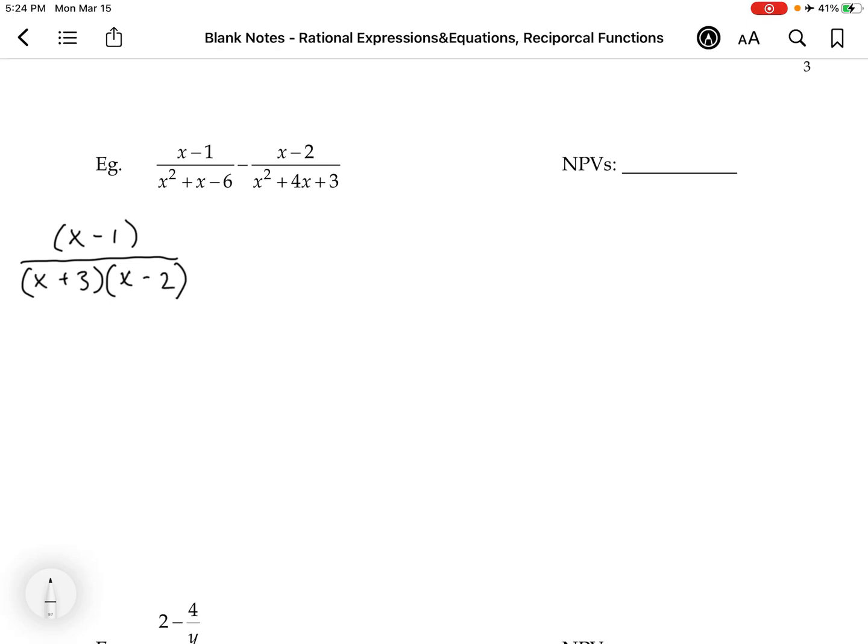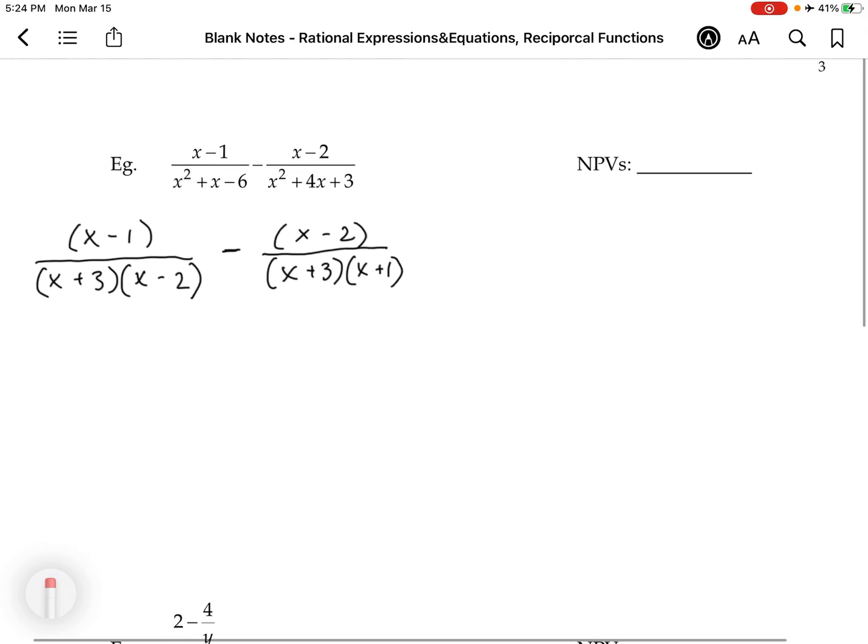So those numbers are x plus 3 and x minus 2. And then for our second one, we're looking for two numbers that multiply to 3 and add to 4. And that is x plus 3 and x plus 1.